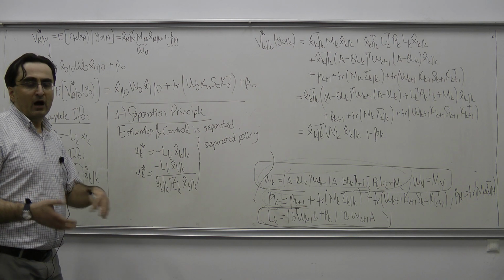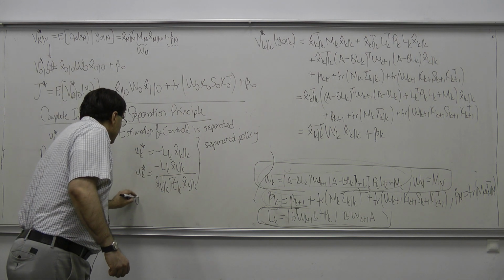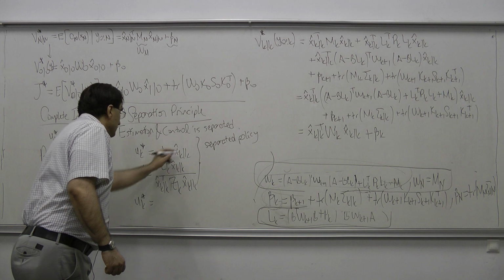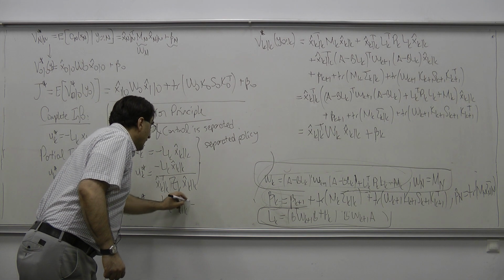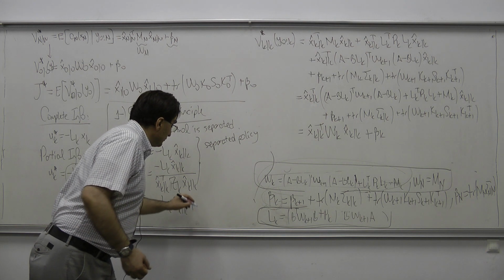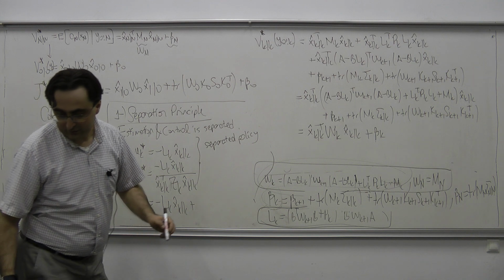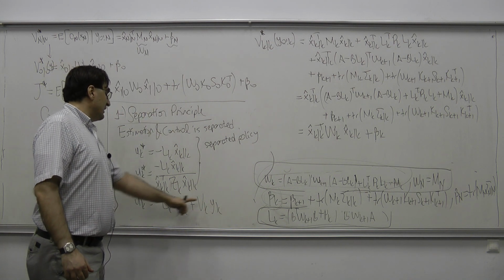Okay? And what would a non-separated policy look like? In that case, in addition to these estimates, the outputs also appear explicitly in the formula. Here I can write just VK of x at k given k and YK.